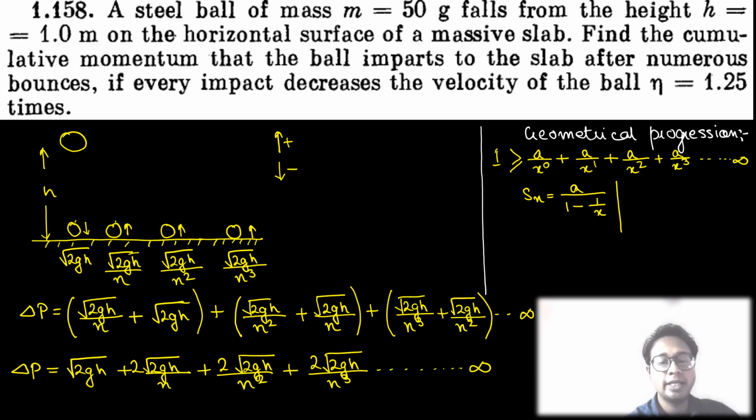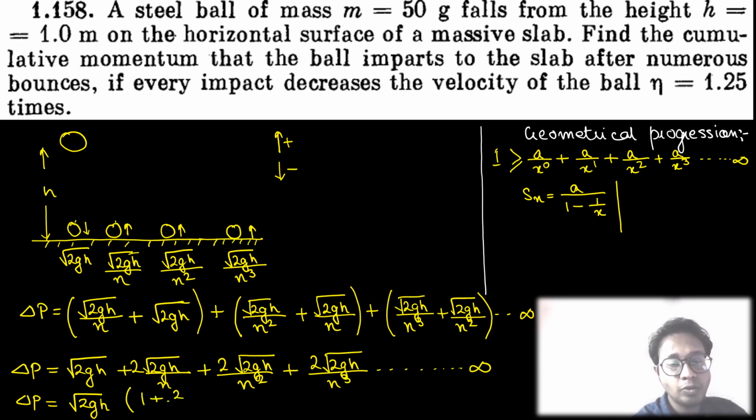If you take √(2gh) common out here, it would be 1 plus 2/n plus 2/n² plus 2/n³ up till infinity.